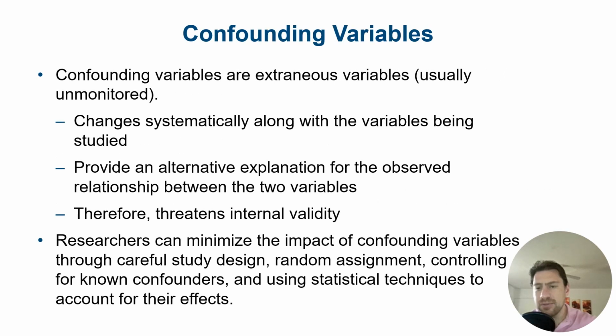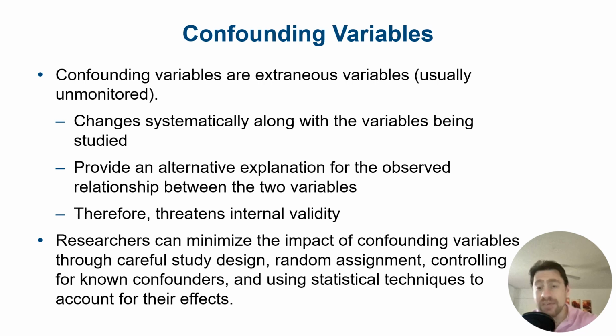So a confound or a confounding variable is an extraneous variable that can distort and compromise your research findings by providing an alternative explanation for the proposed relationship between the variables that you are studying. So typically, a confound is a variable that changes systematically with the variable being studied. And we'll look at some examples of this in just a few slides.